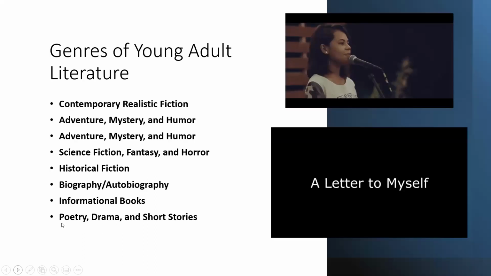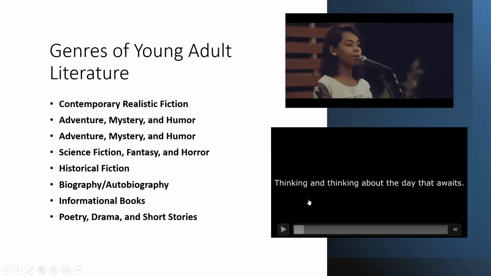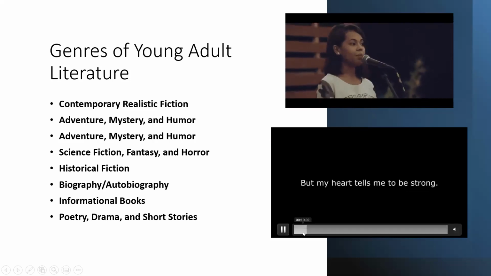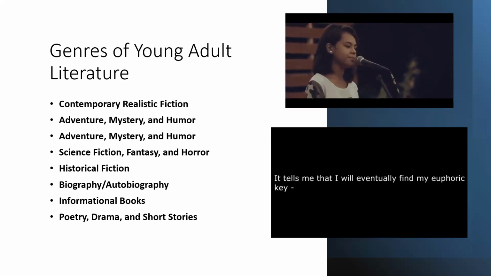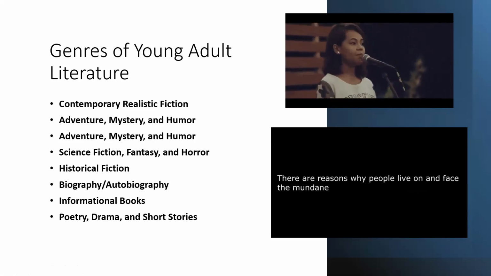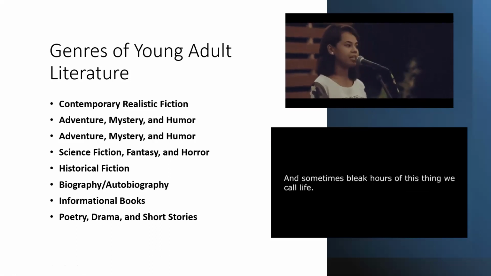And we also have poetry, drama, and short stories. Okay. So one example here is spoken poetry. Diba? Poetry, drama, and short stories are important categories for young adults, especially for readers who prefer shorter pieces to longer books.